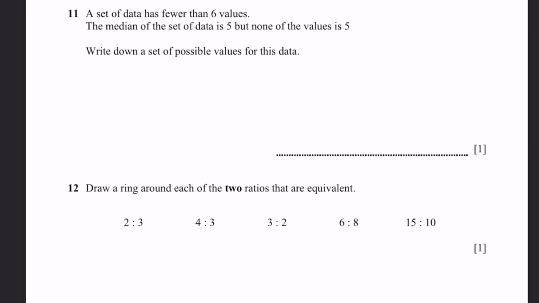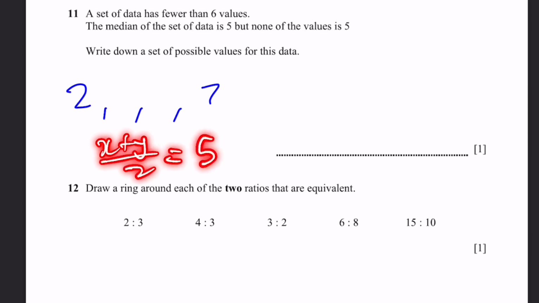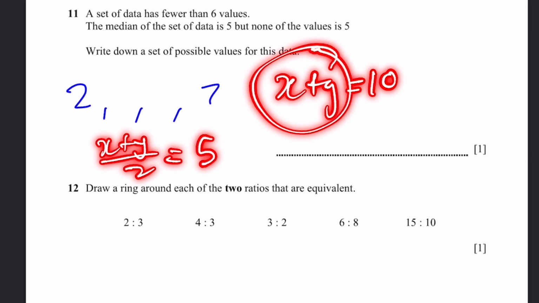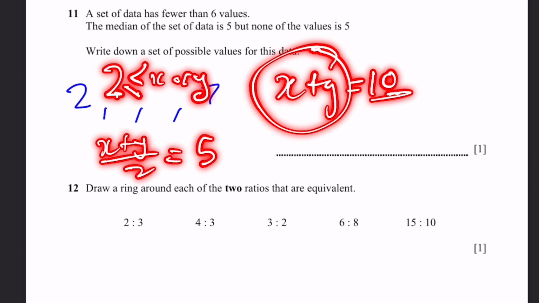So let's take 4 values. We can take any 2 values on the sides, so let's just take 2 and 7. Then we need 2 more values, x and y, so that x plus y divided by 2 is equal to 5. So x plus y is equal to 10. Any 2 values of x and y which add up to 10 and also come inside this range: 2 less than or equal to x or y, and less than or equal to 7.